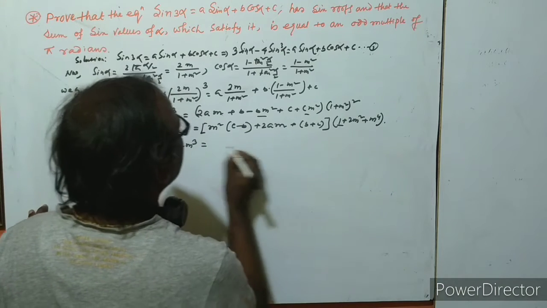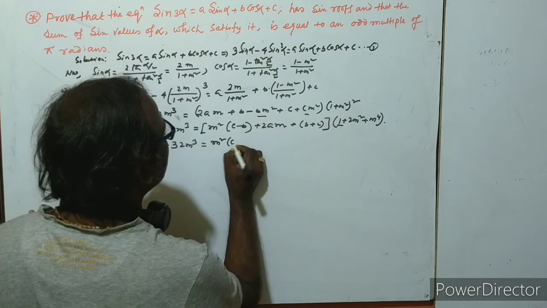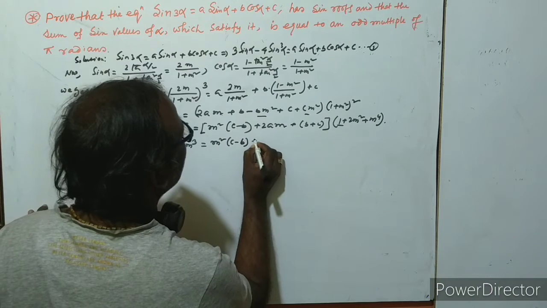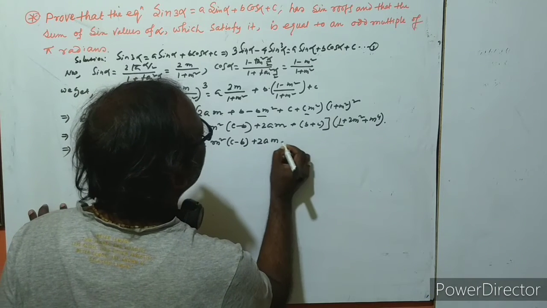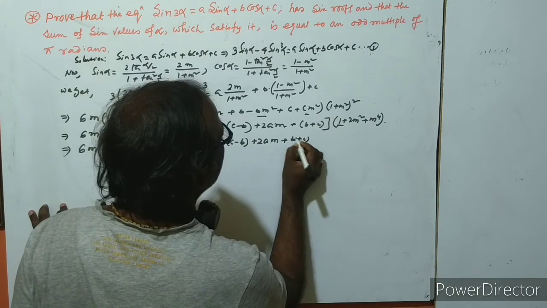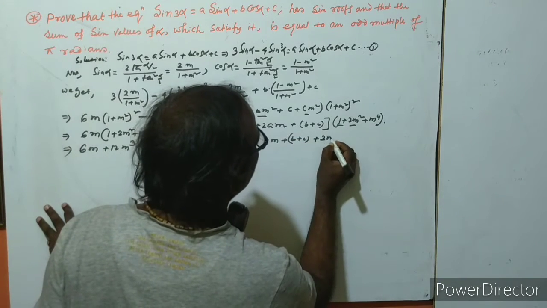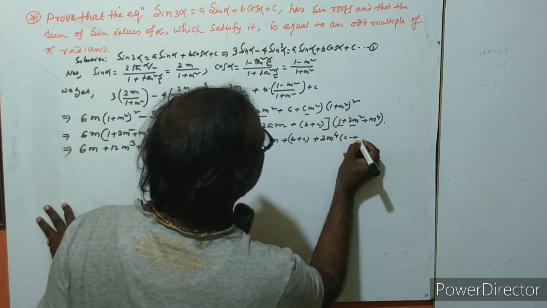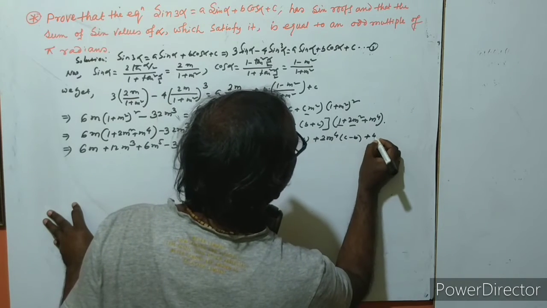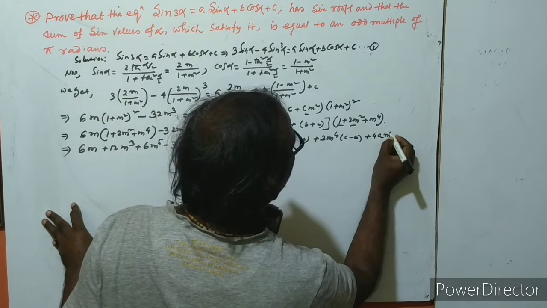If we multiply by 1, then we get m²(c − b), 2am, b + c. If we multiply by 2m², then we get here 2m⁴(c − b), 4am³.